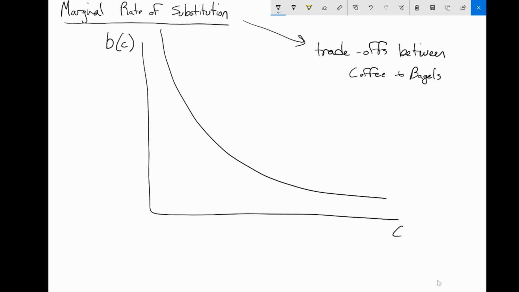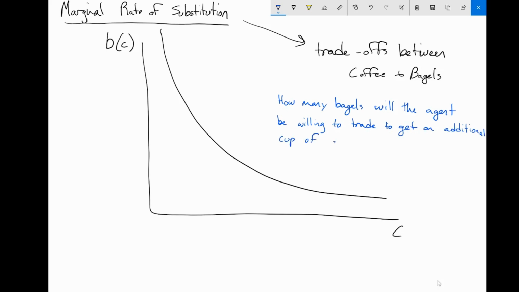So now I want to know how many bagels will the agent be willing to trade to get an additional cup of coffee, holding utility constant?